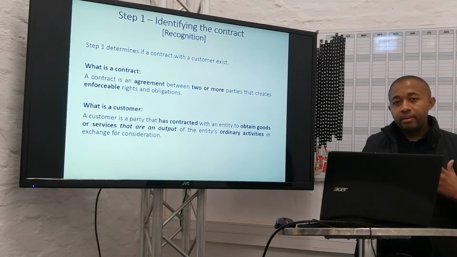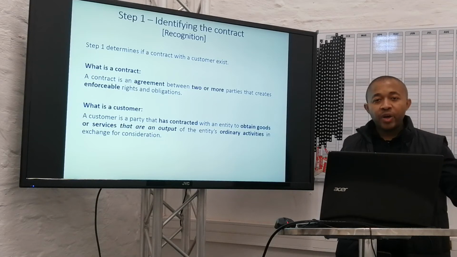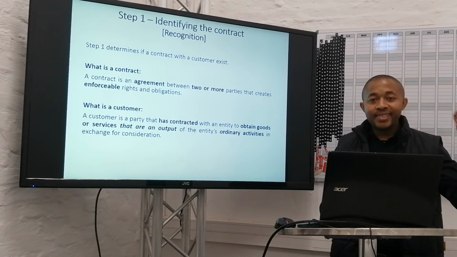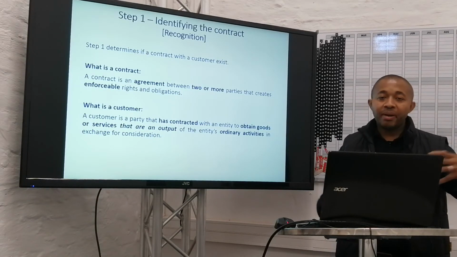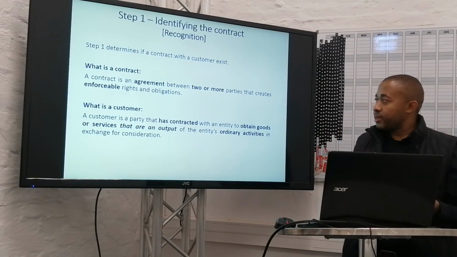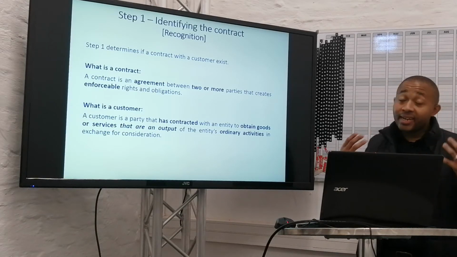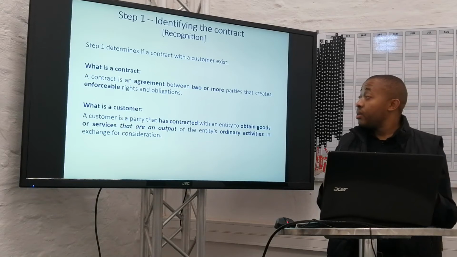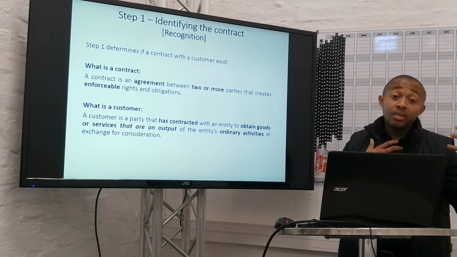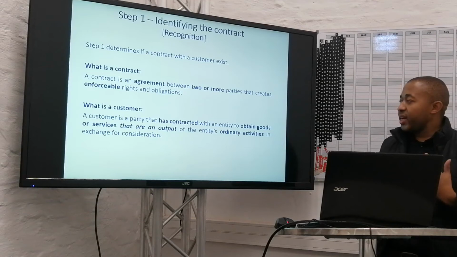We have spoken about the fact that step 1 is that you identify a contract with the customer, but we have to start to unpack what a contract is. A contract is an agreement between 2 or more parties that creates enforceable rights and obligations. And what is a customer?